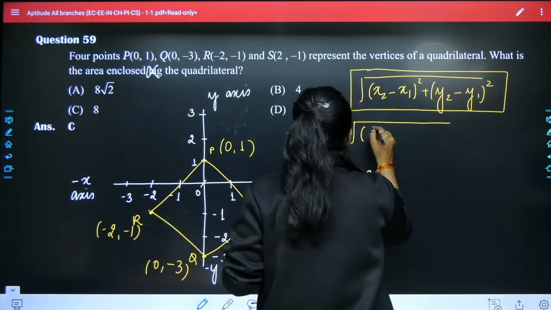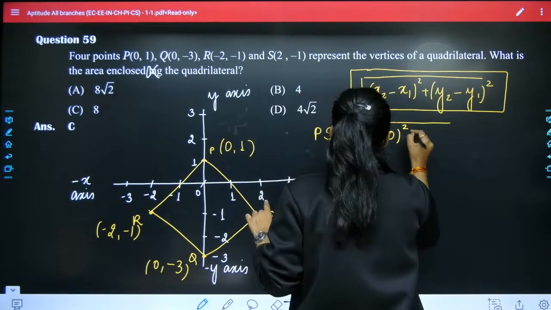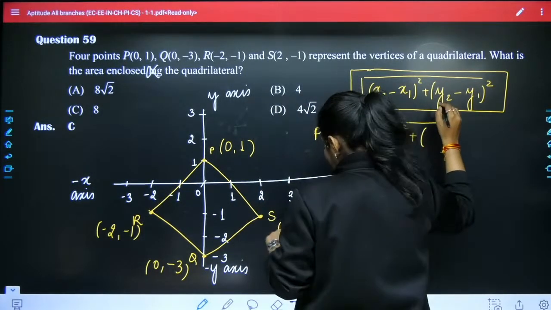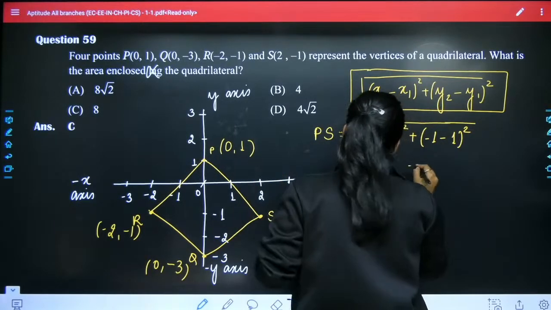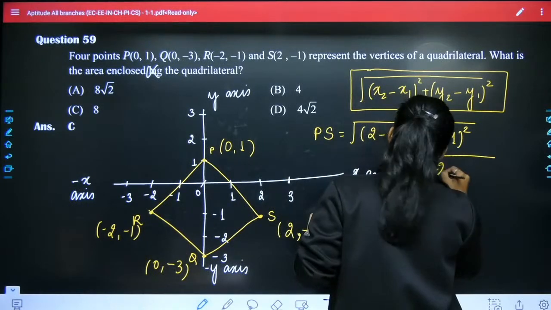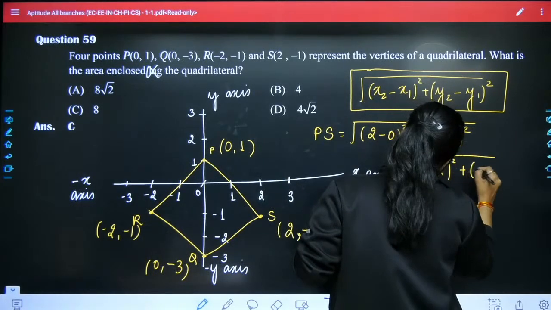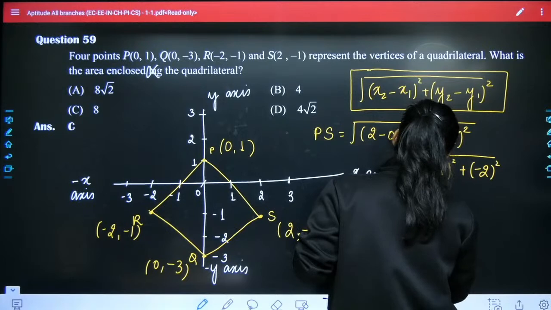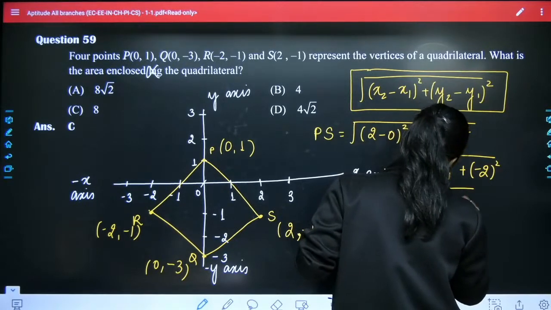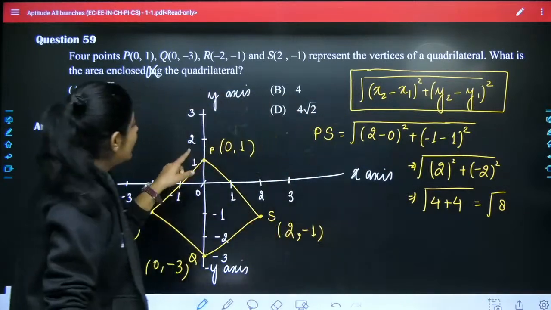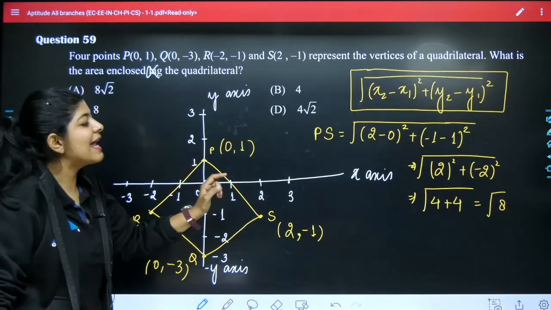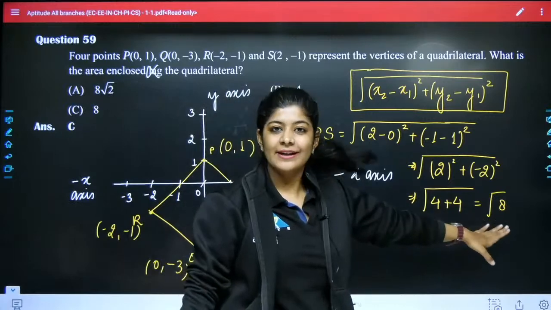So we can write 2 minus 0 whole square plus minus 1 minus 1 whole square. So we can write it as square root of 2 square plus minus 2 square. That means we get 4 plus 4, that is equal to root 8. We calculated PS and that value is equal to root 8.